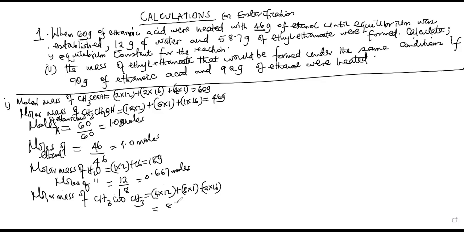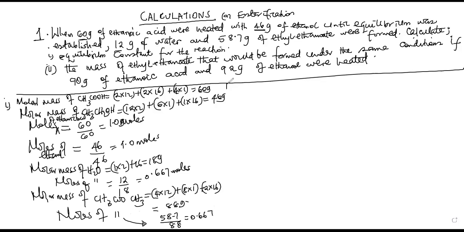This gives you 88 grams. Then we can get moles of ethyl ethanoate. Moles of ethyl ethanoate will equal mass, which is 58.7, over the molar mass 88, which will give us 0.667 also.